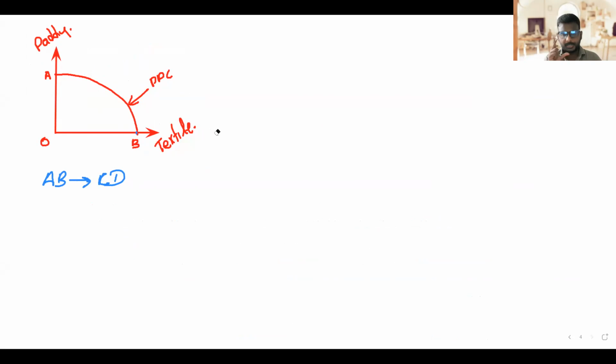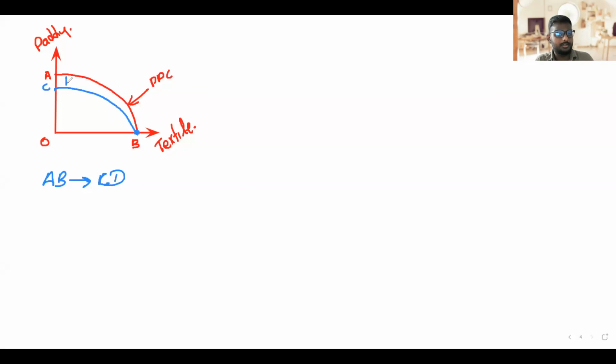But here they specifically said only farmland is seeing a drop. That means the highest amount of textile produced will remain the same, because garment factories don't do production on farmland, right? So the PPC might look something like this.